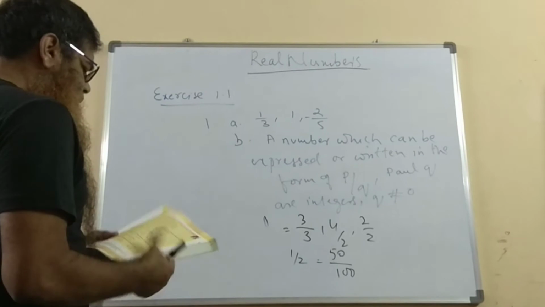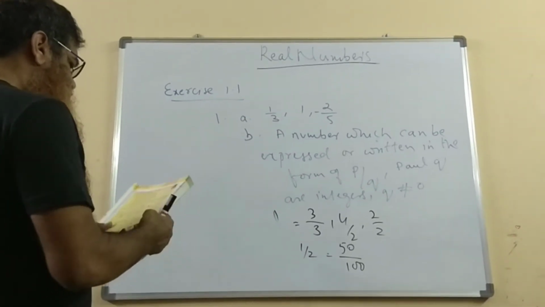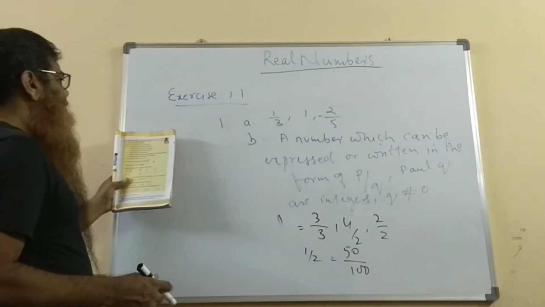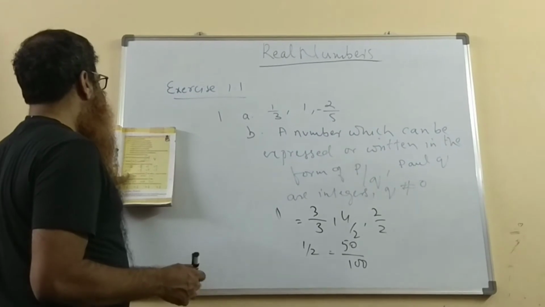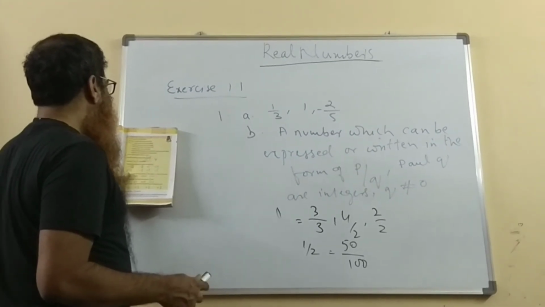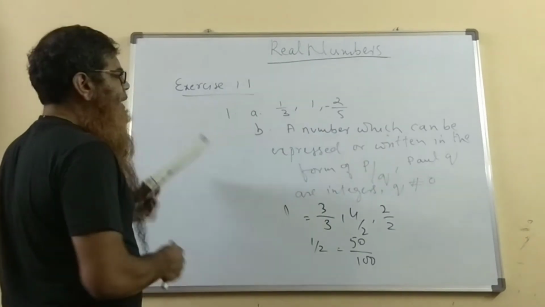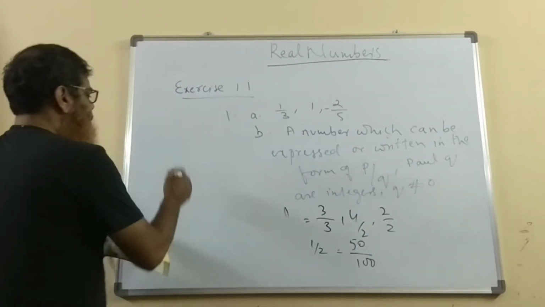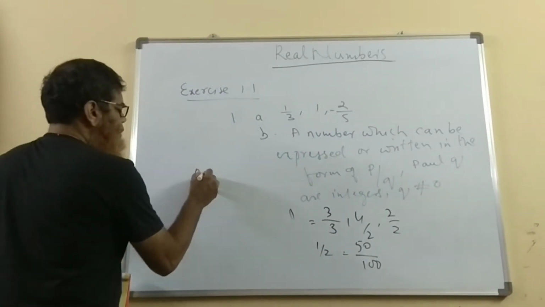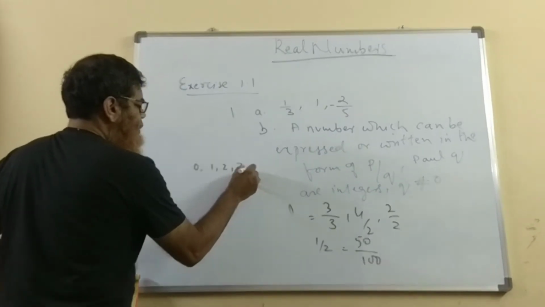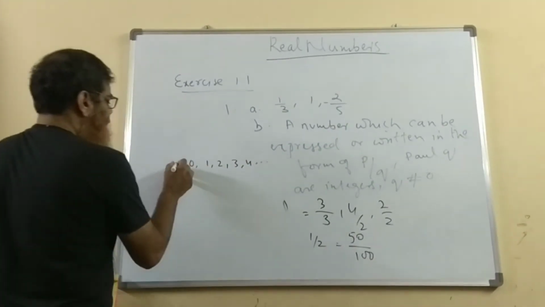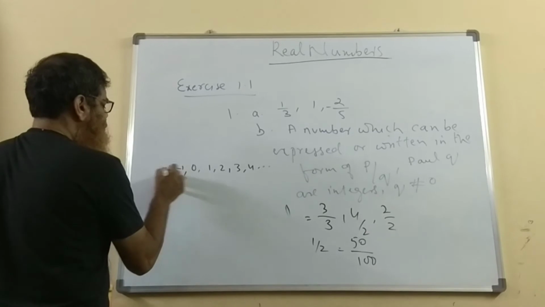Second question is, give one example each for the following statements. The first statement is, a number which is rational but not an integer. Integers we know: 0, 1, 2, 3, 4 and so on, and on this side minus 1, minus 2, minus 3.